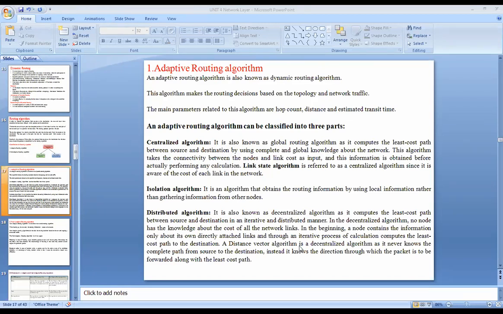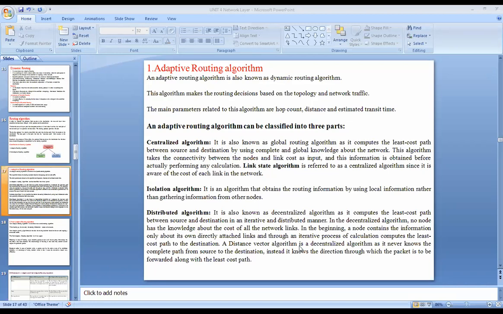In the decentralized algorithm, no node has knowledge about the cost of all the network links. At the initial stage, the particular node or link doesn't have any knowledge. Once the node comes to know what work it has to do, the calculation process finds a least cost path to reach a destination.